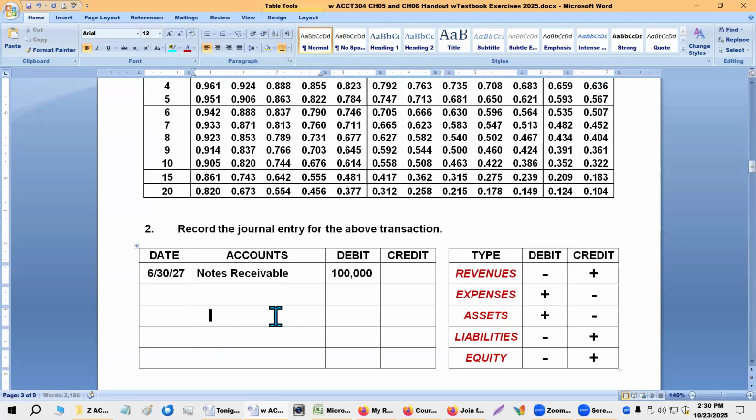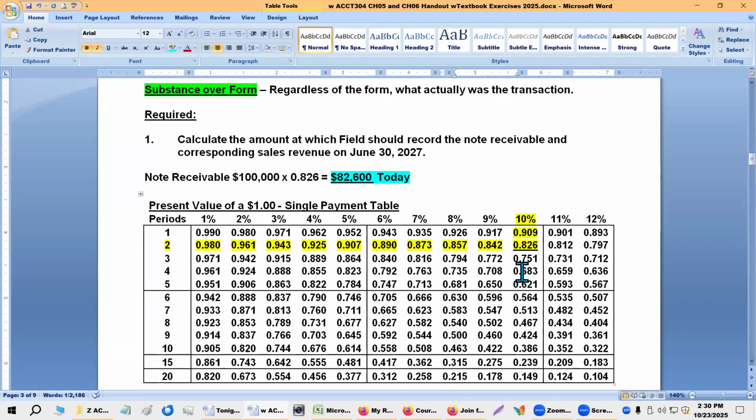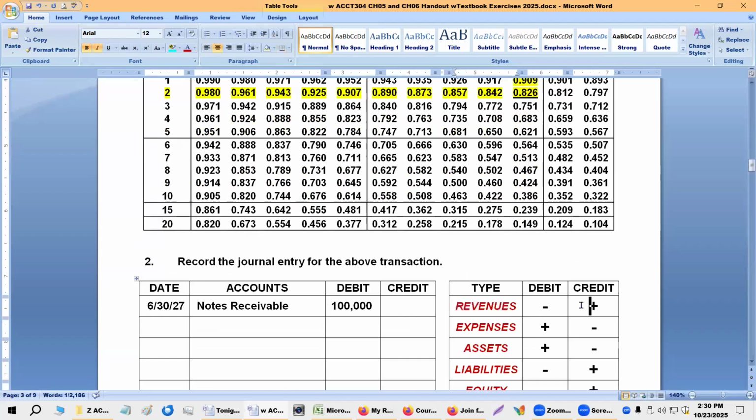Our revenue is going to go up by 82,600. So revenues are always credits, basically. Yeah, they're credits, unless they go down, but for right now, for 99.9% of the time they're going to be a credit.